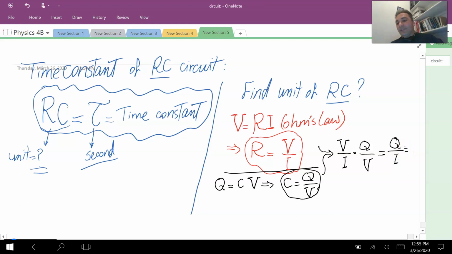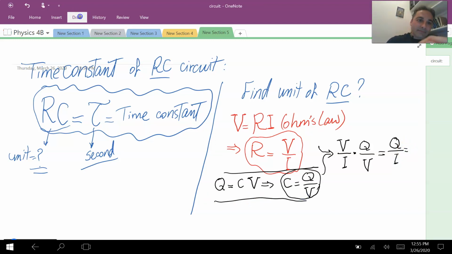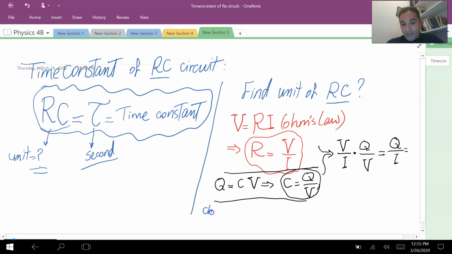Now, who knows what Q over I is? What is Q over I, guys? Remember chapter 26, the first equation. What was the definition of I? Electric current.